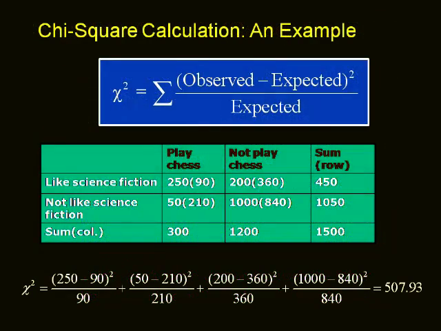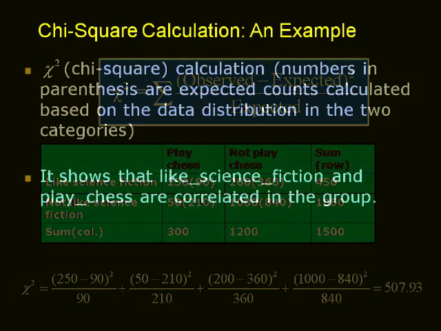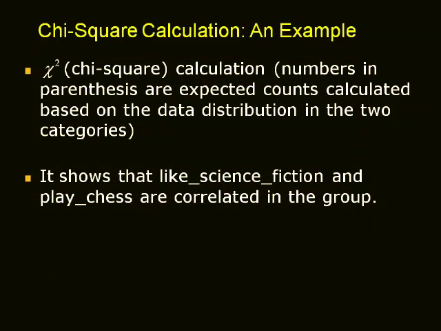So now to discuss how the chi-square test is applied, the slide shows a simple example of chi-square calculation using the formula summation of observed minus expected squared, divided by expected. By using this chi-square formula, if you do the computation, we can say that science fiction and play chess are correlated in the group, as the calculated value of chi-square, say 507, is more than the significance level.